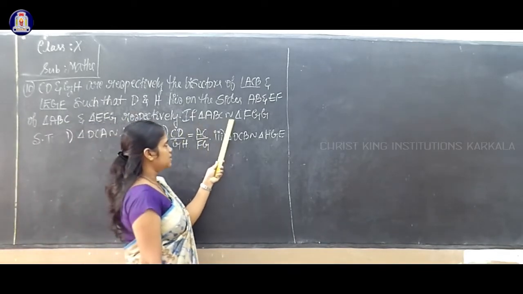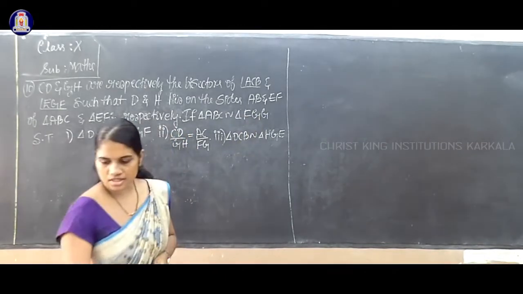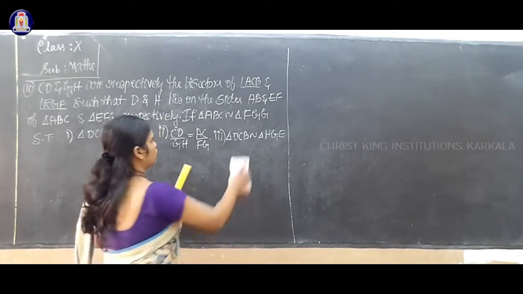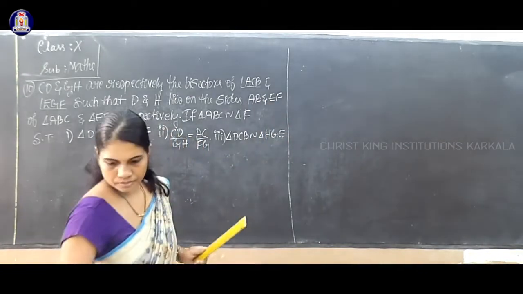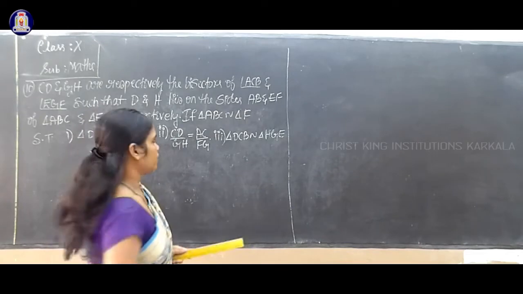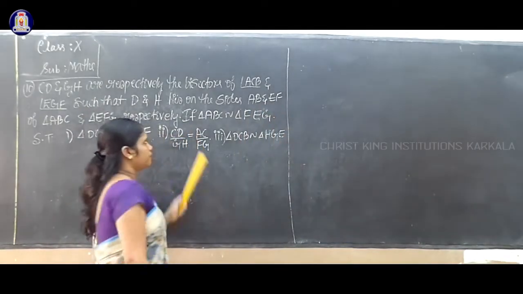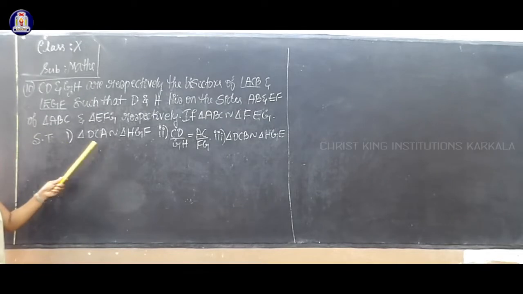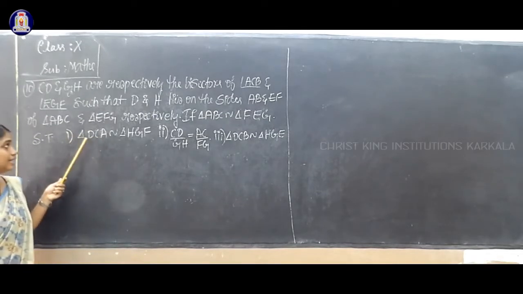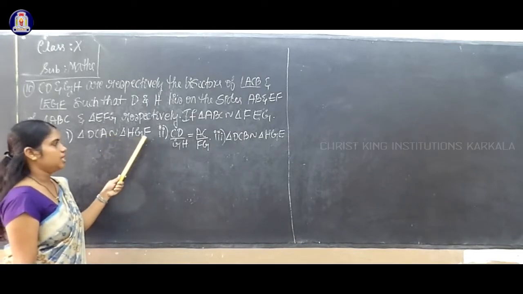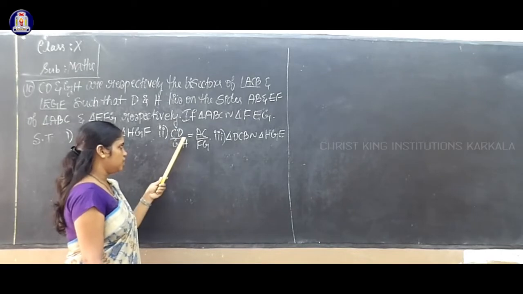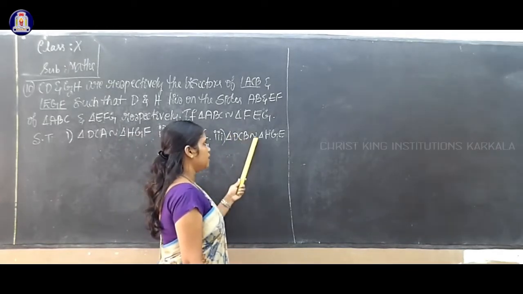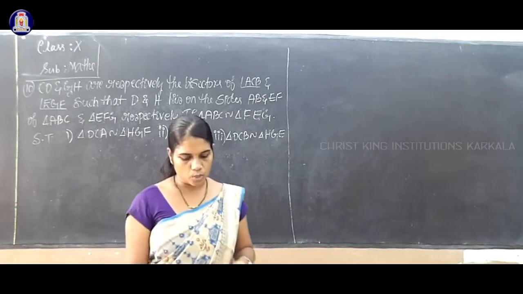If triangle ABC is similar to triangle FEG, show that: first, triangle DCA is similar to triangle HGF; second, CD upon GH is equal to AC upon FG; third, triangle DCB is similar to triangle HGE. This is what we have to prove.